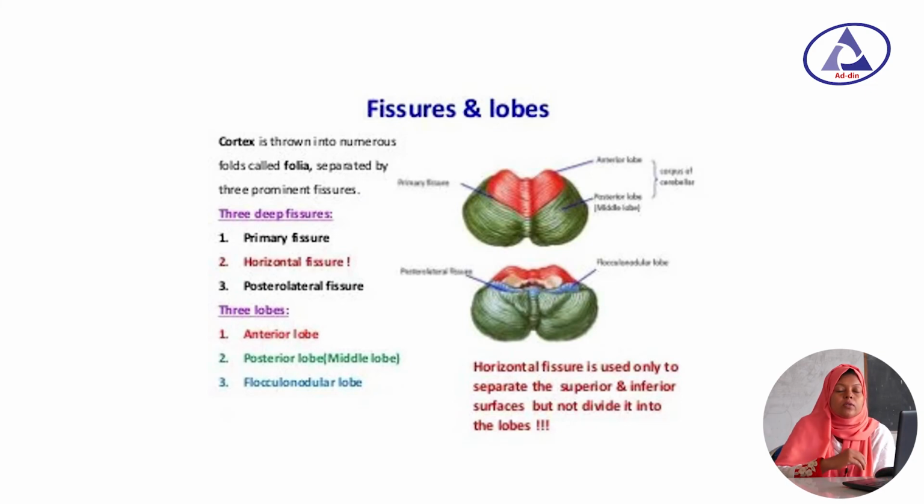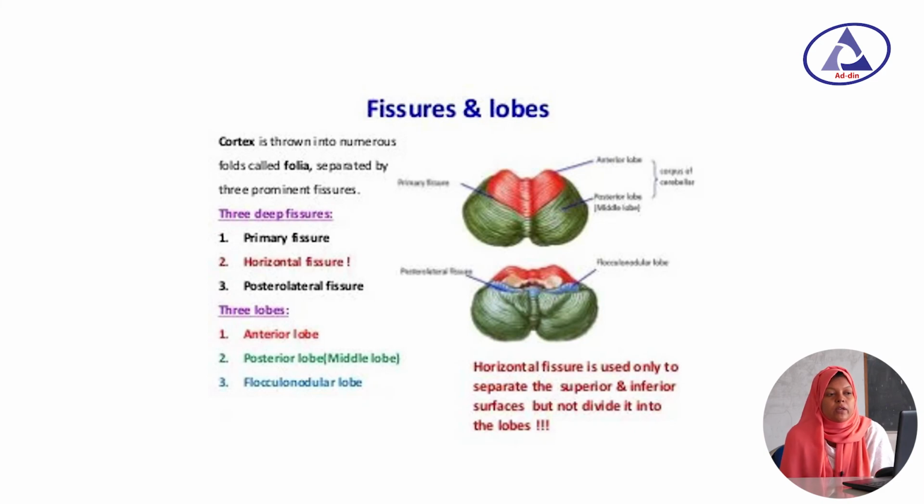So how are the lobes separated? The lobes are anterior lobe, middle lobe and flocculonodular lobe. In between anterior lobe and middle lobe there is one fissure present, that is called fissura prima. In between middle lobe and flocculonodular lobe there is one fissure present, that is called posterolateral fissure.